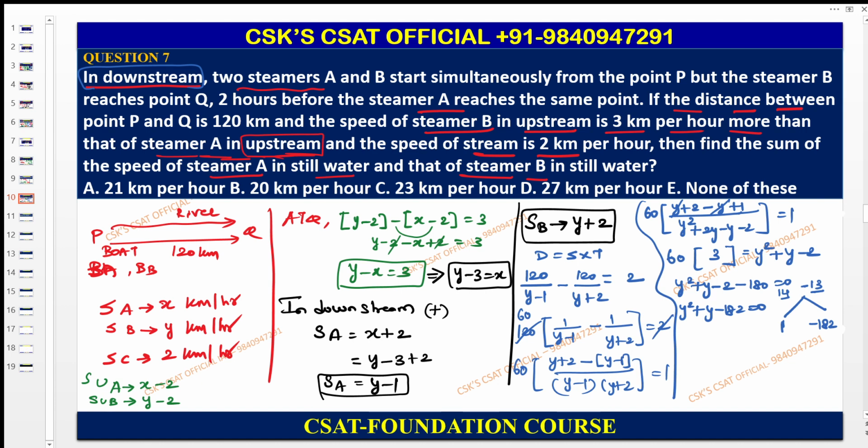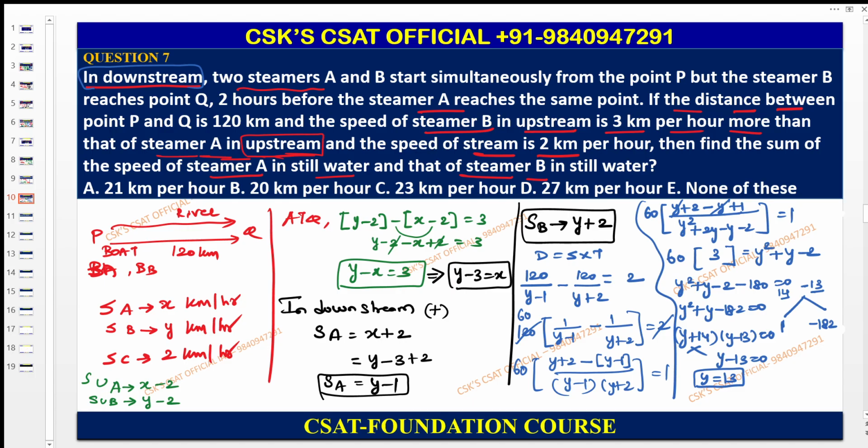So 60 here, 3 here, cross multiply the denominator here: y square plus y minus 2. Rearrange this one. Bring this 180 towards the LHS or RHS? Bring that towards the RHS. So therefore minus 180 is equal to 0. Y square plus y minus 182 is equal to 0.